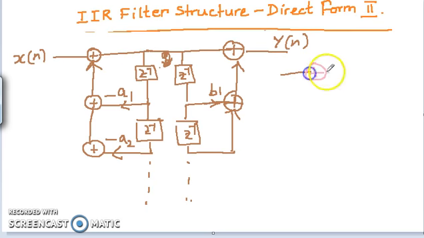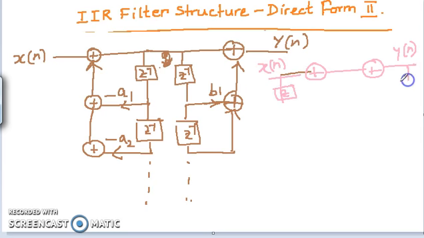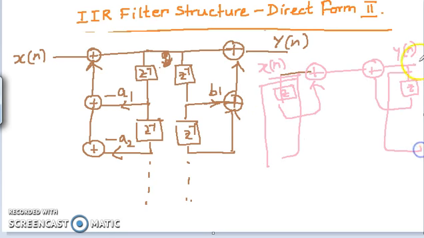These two summers were here and here, there was x(n) and there was y(n). But what was happening at that time, we were getting the inputs, the delay elements here and the delay elements here, and they are adding up in this way. That means the delay elements are on the two sides when we are going for direct form 1.